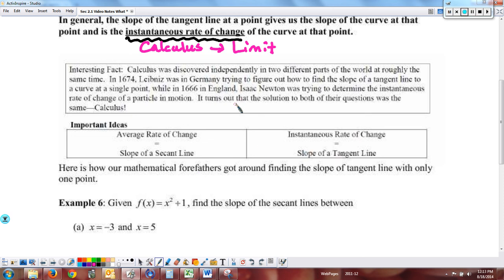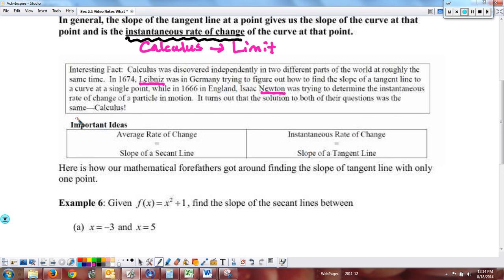A little earlier, in 1666, Isaac Newton was really trying to determine how fast a particle in motion was moving at a given instant. And it turns out that the answer to these questions are both the same in calculus. There's going to be a lot that we talk about with Leibniz and Newton. There's kind of a feud that went on over who gets credit for being the founding father of calculus, which we'll discuss a little bit more later.